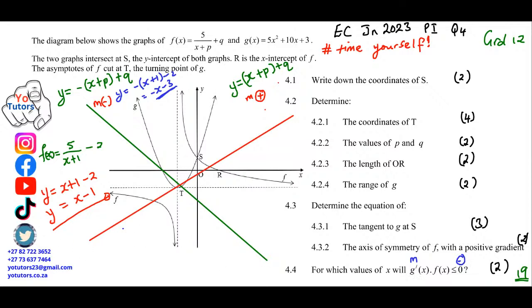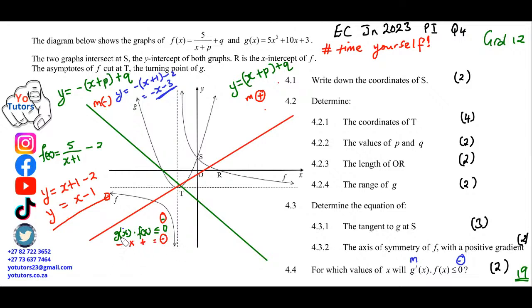Let me write it again here. It's going to be the derivative of g times f(x) giving us something less than 0. So here we need an answer which is negative. So how can we get a negative? It's either we have a negative derivative times a positive, then that will give us a negative.